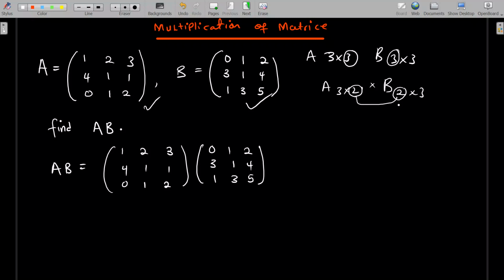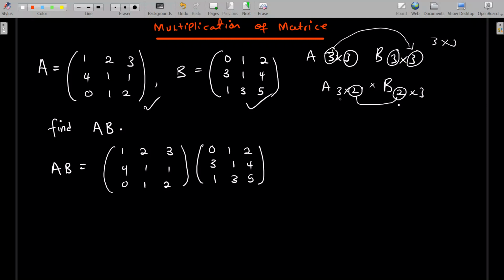Okay, so another key thing is that after the multiplication, the product would have a dimension of this too. So here, we are multiplying a 3 by 3 by another 3 by 3, and the product will be a 3 by 3 matrix.